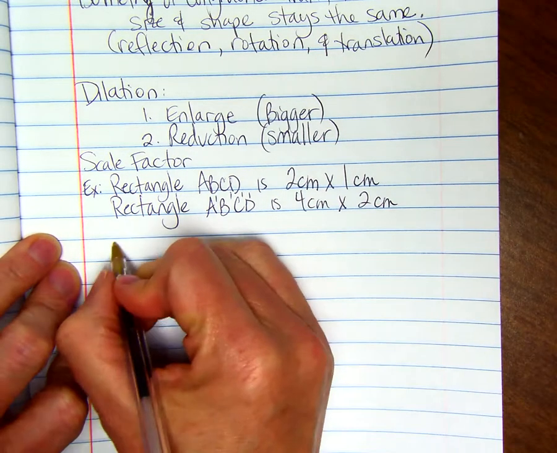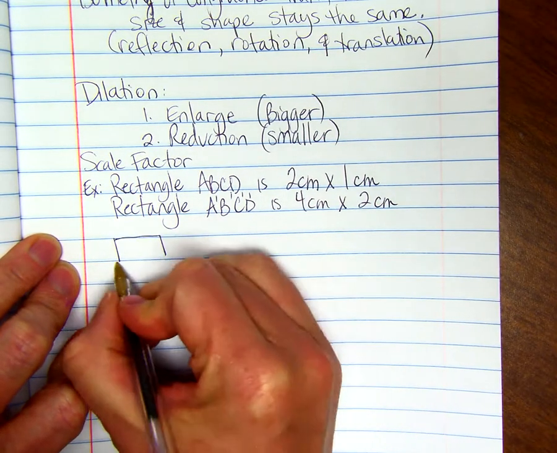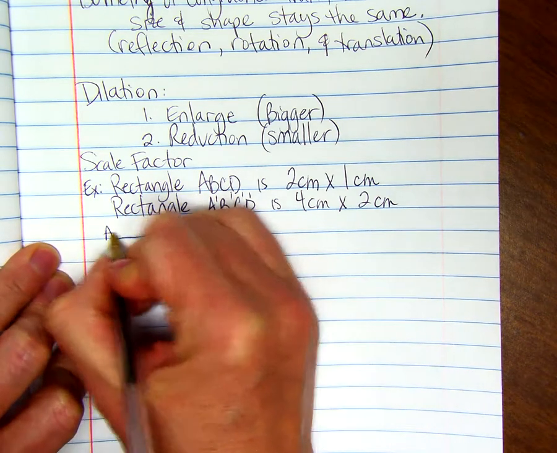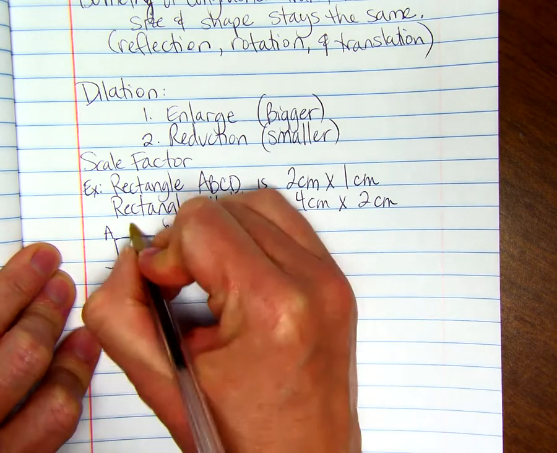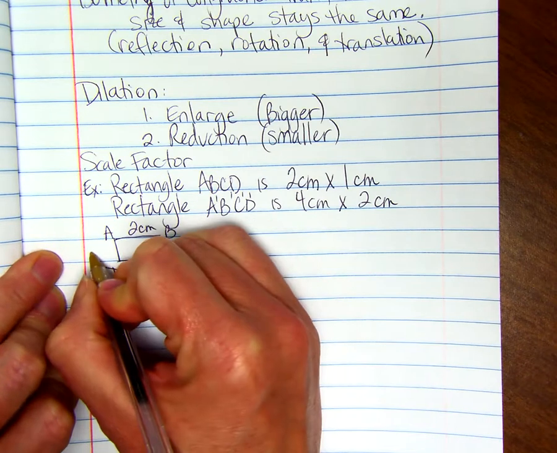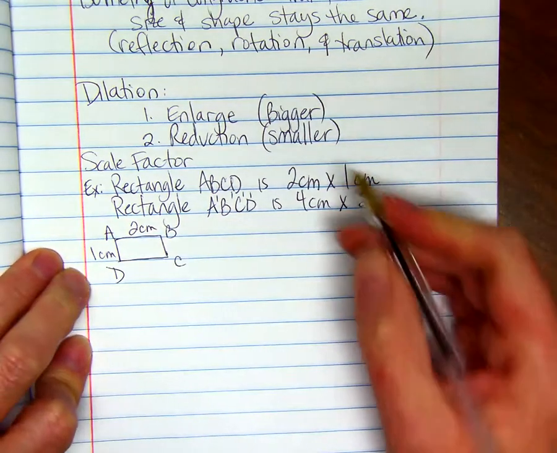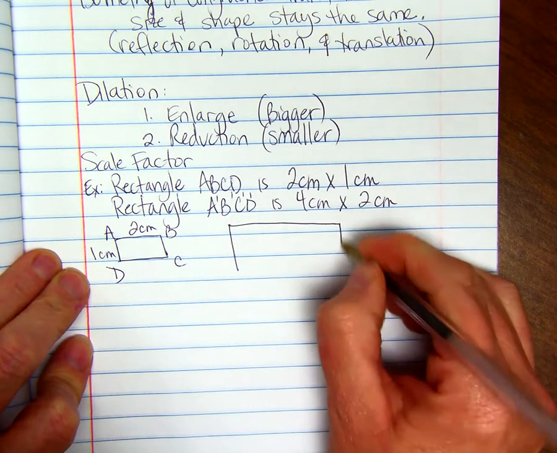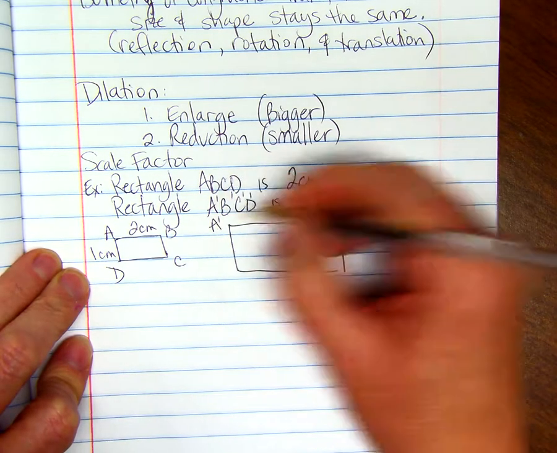So let's draw a picture of rectangle ABCD. We have AB is 2 centimeters, AD is 1 centimeter. And then we have rectangle A prime, B prime, C prime, D prime.